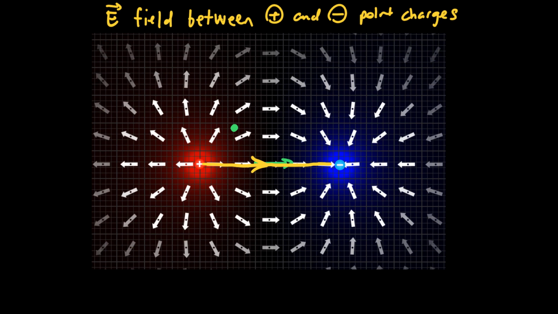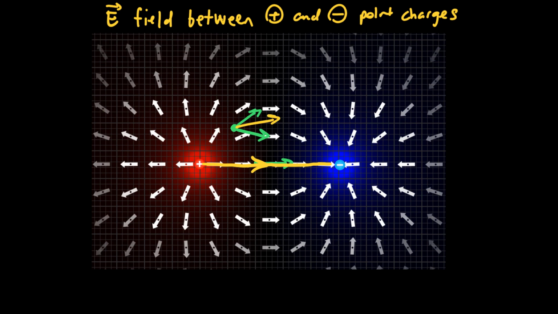At that point, there would be a force of repulsion on that test charge that points away from the positive charge, and then a force of attraction that would point toward the negative charge. And the sum of those two forces would point in this direction.